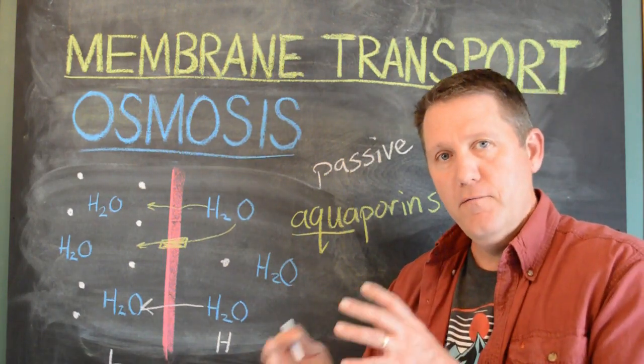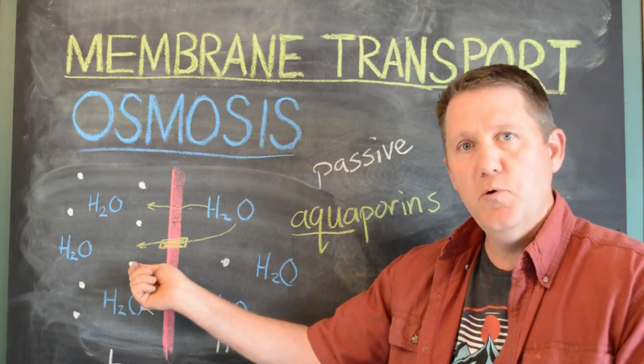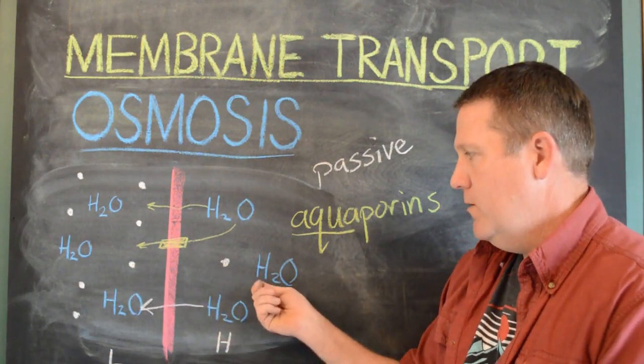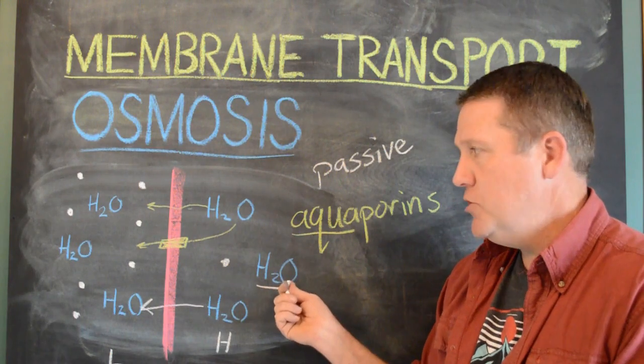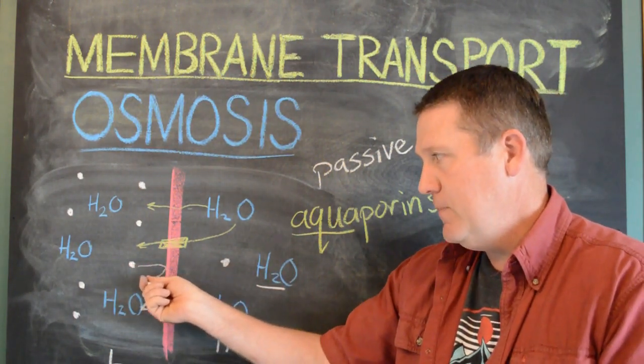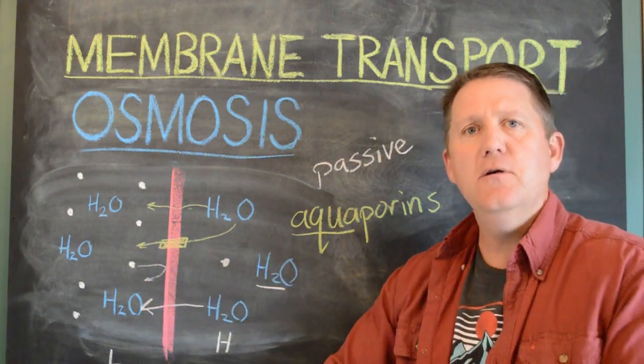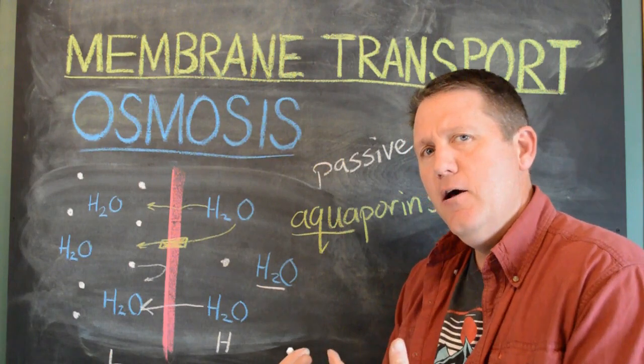The other way, the flip way of looking at this, is from the solute perspective. We could look at water as a helper. Water is trying to move out. Since this solute cannot come across this membrane, water looks at that solute and says, oh, poor guy, let me help you out.